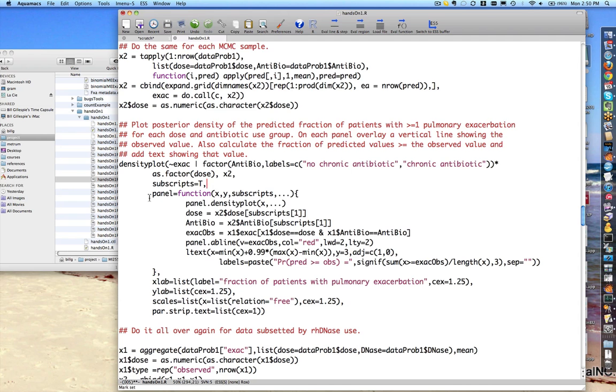Then where the advanced stuff kind of happens is down here within this panel function. And again, I don't think we could in one sitting go through this in detail without knowing what your background is on using lattice graphics, but just point out that this section here is the first panel statement inside of it generates the density curves, but all the rest of it here is used to generate that vertical line for the observed data and to generate that posterior predictive p-value.